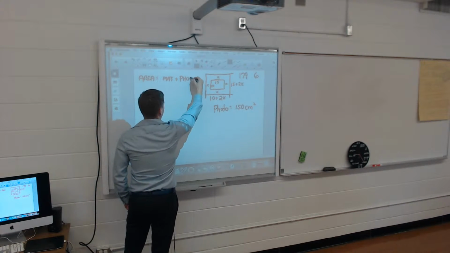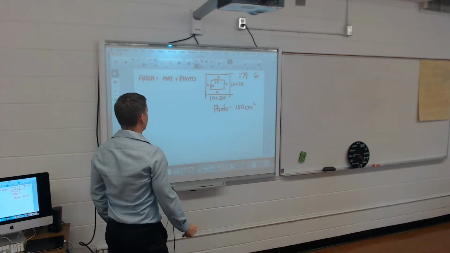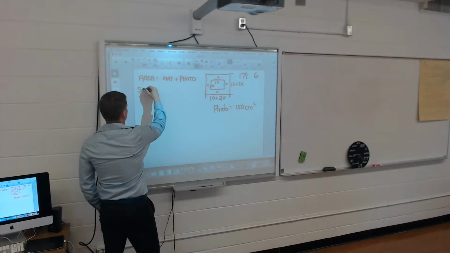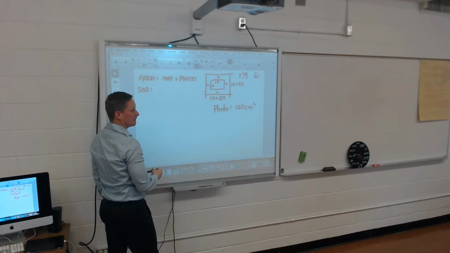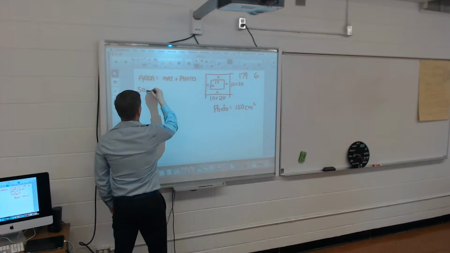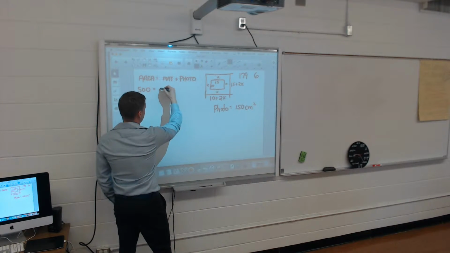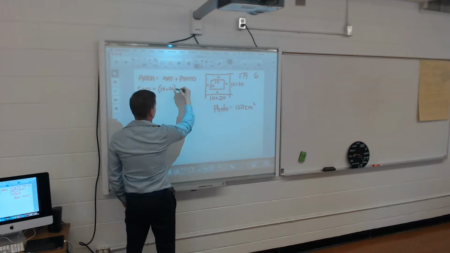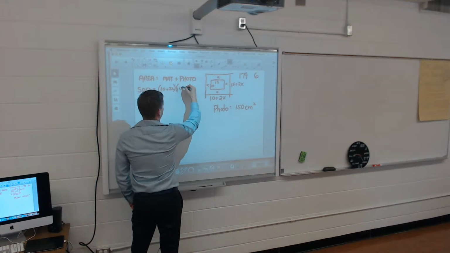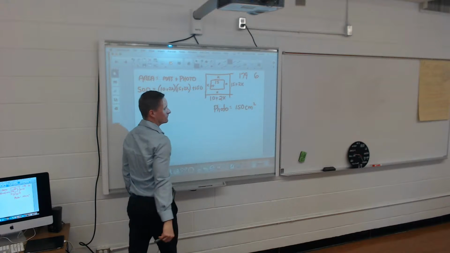Would you not agree with me? So 500 is equal to the area of the mat, which is 10 plus 2x times 15 plus 2x, and I'm going to add that to 150.